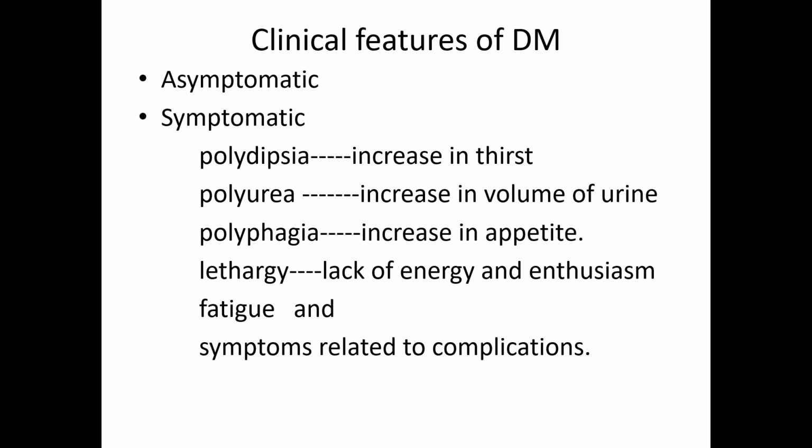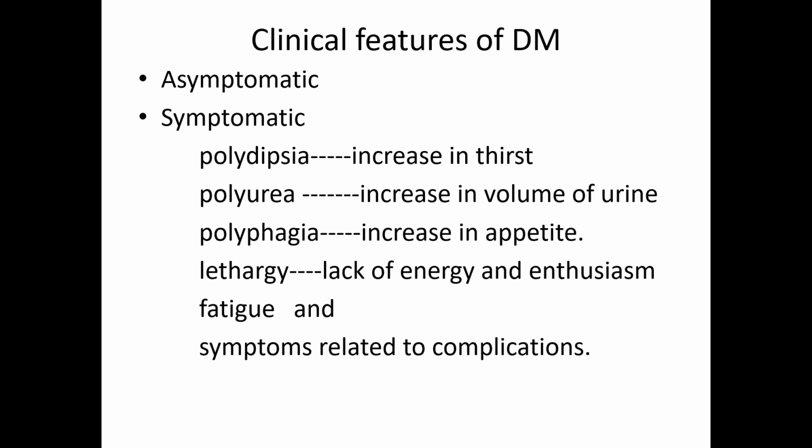The patient may be asymptomatic, particularly in type 2 diabetes in early stages, but once established, the patient will develop classical symptoms of polydipsia, polyuria, polyphagia, lethargy, fatigue, and in late cases symptoms related to complications.